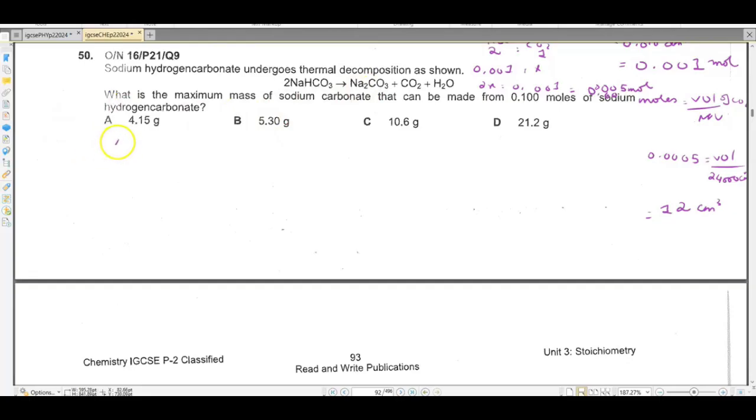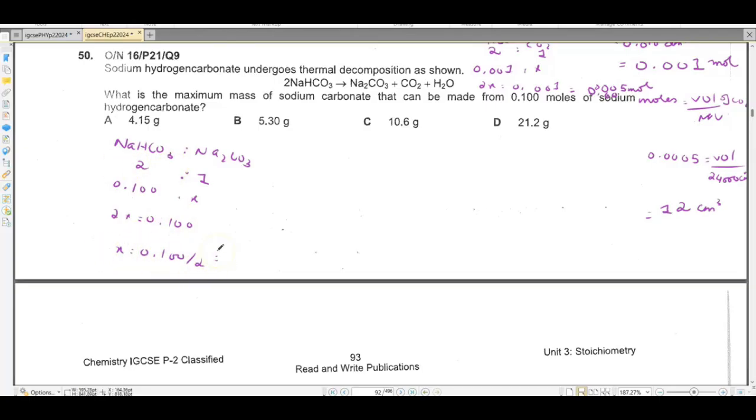We have the moles of sodium hydrogen carbonate, and we've got to find the moles of sodium carbonate. We know that they are in a ratio of 2:1. So over here we have 0.100 moles and x. 2x is equal to 0.100 and x is equal to 0.100 by 2.